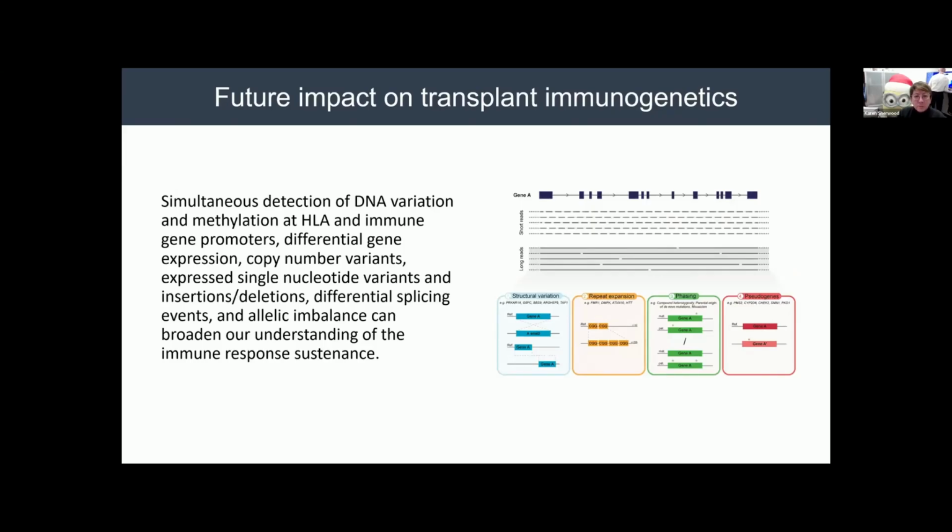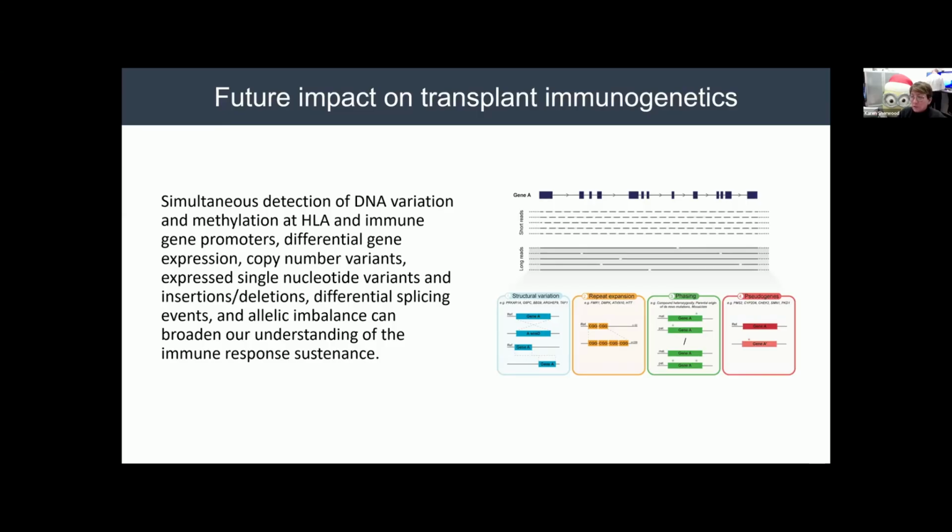As I mentioned, some of the newer platforms will permit simultaneous detection of DNA variation and methylation. Now we can include the immune gene promoters, differential expression of the genes, looking at structural variants, including copy number variants.